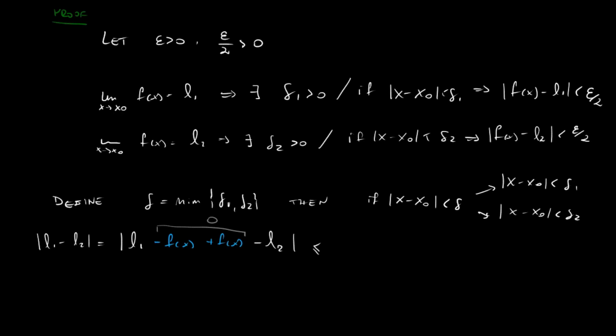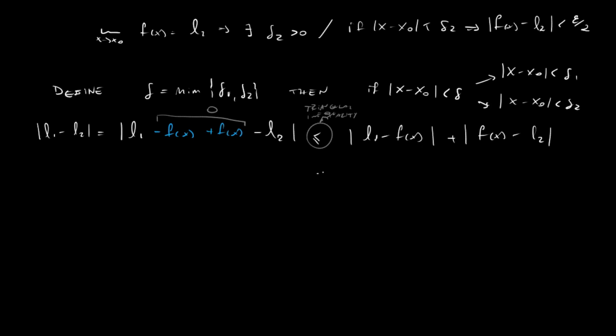And this is smaller than or equal to, using the triangular inequality, |L1 minus f of x| plus the absolute value of |f of x minus L2|. We can rewrite this as |f of x minus L1| plus |f of x minus L2|.